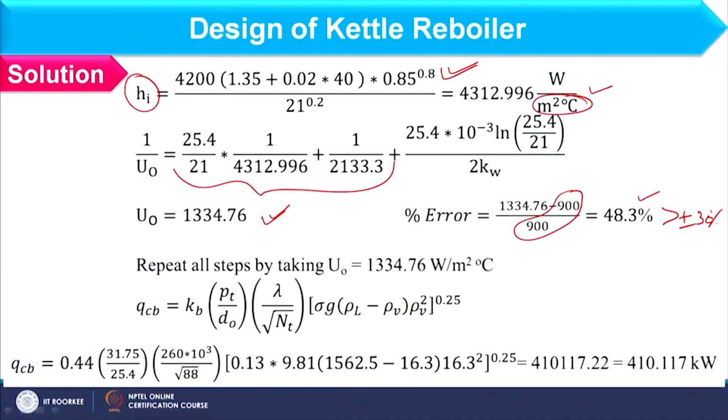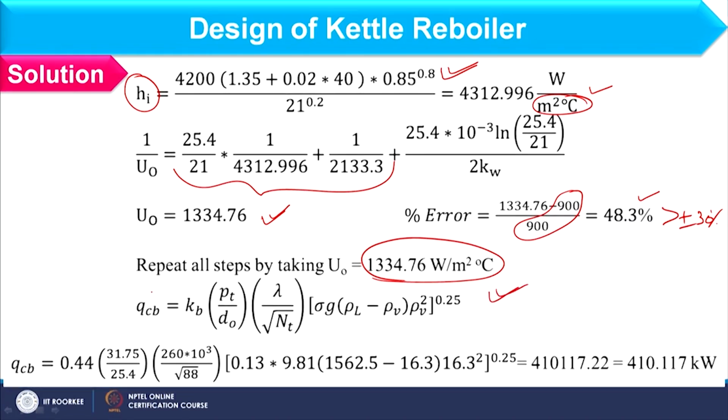But for now we are considering the same problem and proceeding further, because this is a repeat calculation and I hope you can do that calculation on your own, right. But in the ideal case we should take the repeat, fine. So, for now we are considering the same value of Uo as we have obtained, and the next step is to check the critical flux value.